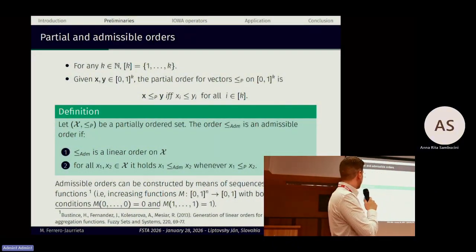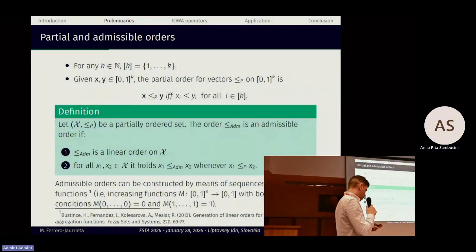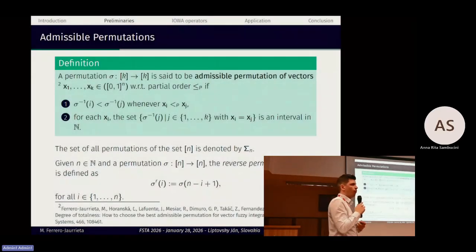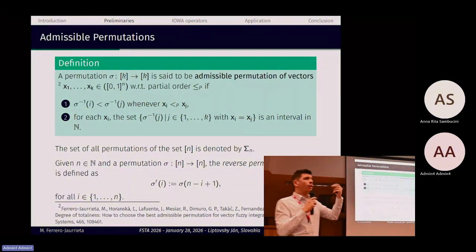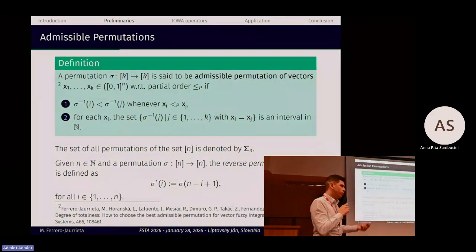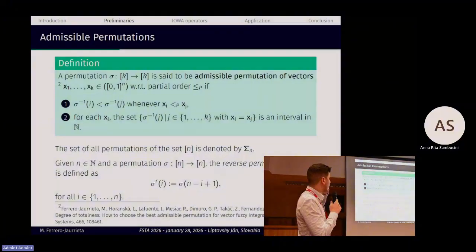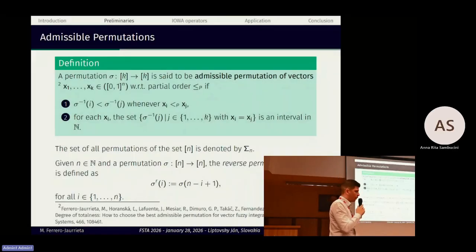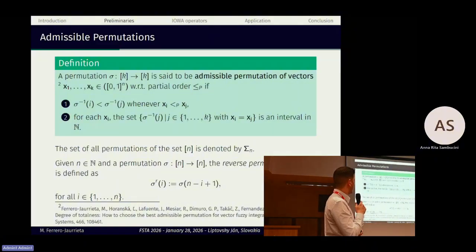So there can be many admissible orders. So in order to take into account all the possible arrangements of some set of vectors, the concept of admissible permutation was introduced. In this sense, the admissible permutations with respect to a set of vectors and with respect to the partial order have to be coherent with the partial order, and if there are two elements that are equal, we will obtain an interval in natural numbers.